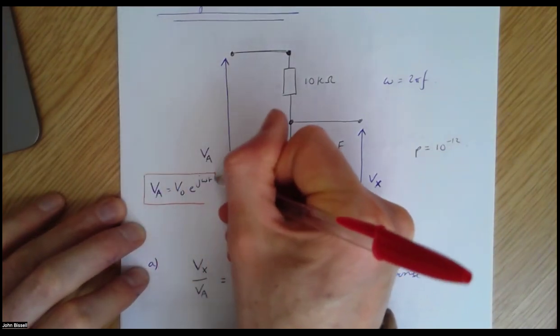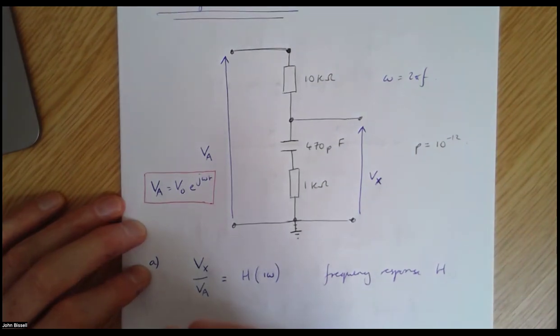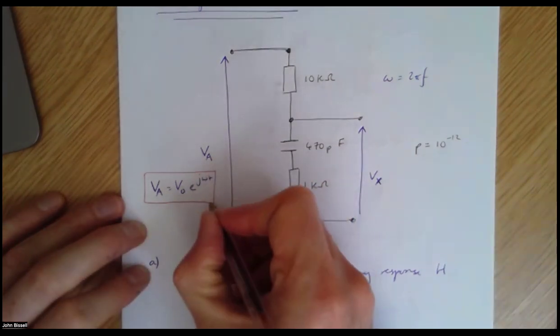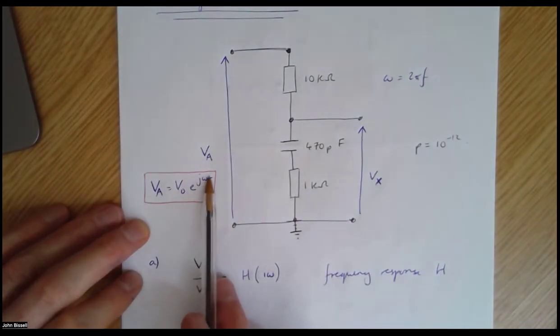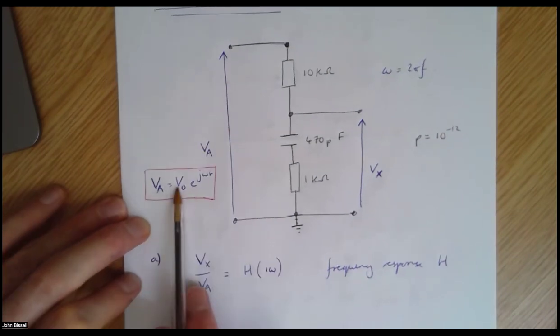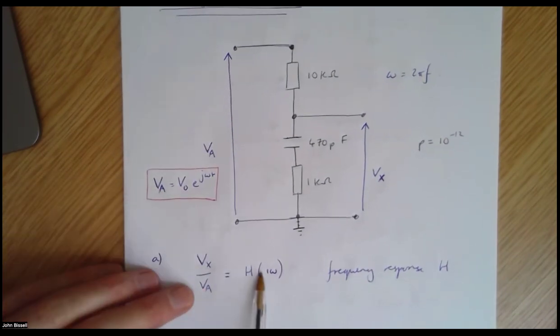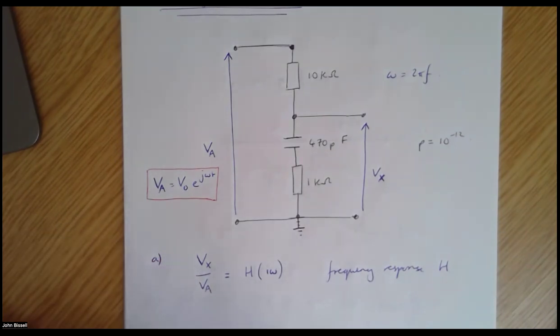Happy with that? Yeah. Okay, this is how we depict that. As we change the frequency, the amplitude of the input voltage isn't changing, but the frequency is changing. We want to know how the output voltage changes depending on this frequency. All right?